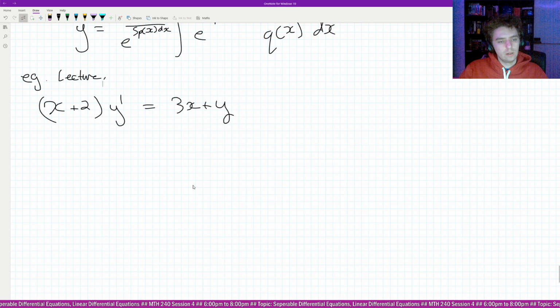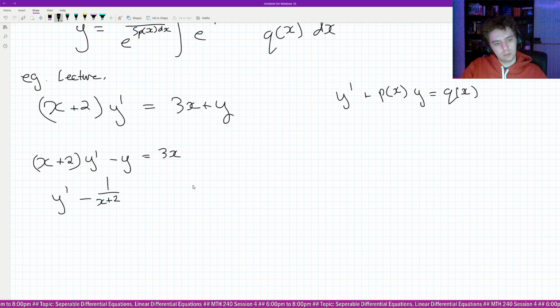It'll take just two steps here. y prime minus 1 over x plus 2 times y equals 3x over x plus 2. And now it's in the form.